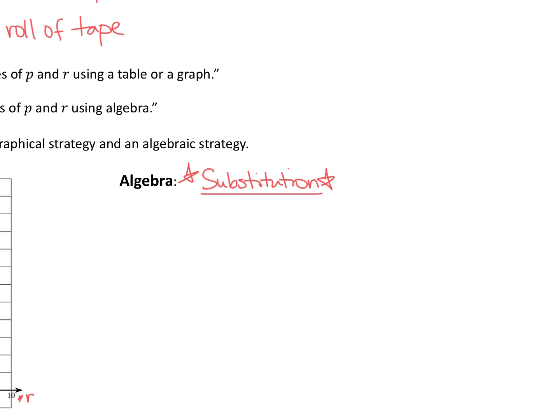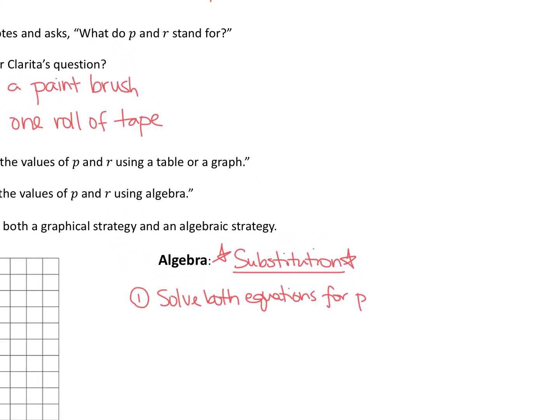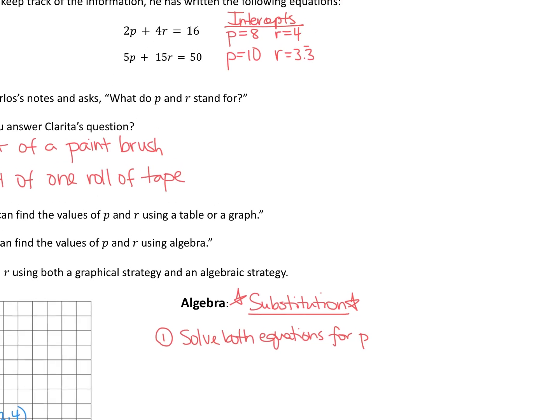The first step of substitution is to solve both of those equations, for the small painter's kit and large painter's kit, for P. Okay, so that's our first step. Solve both equations for P.